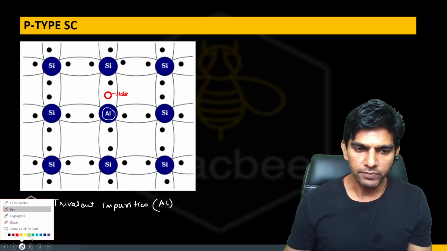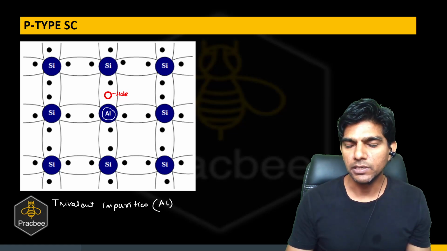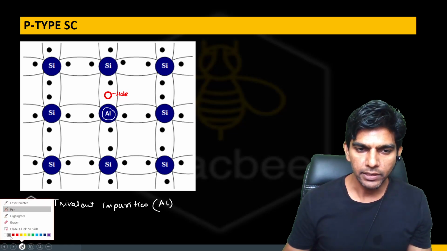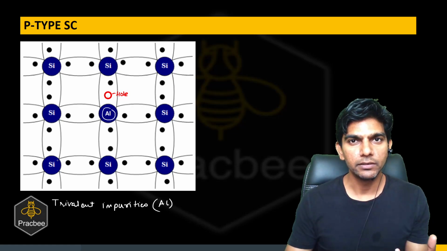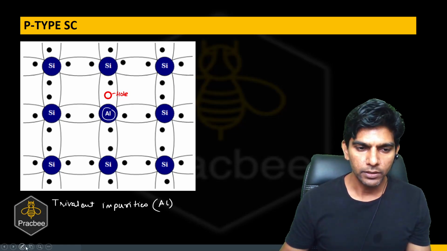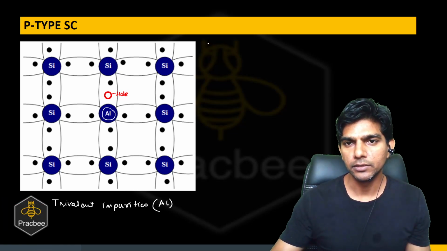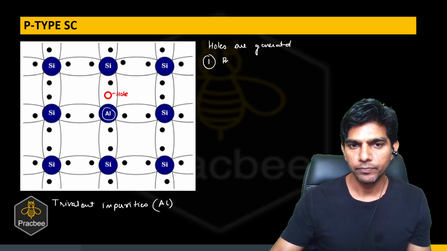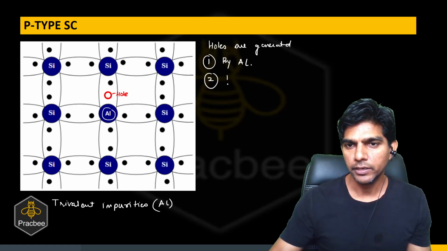Now can you see, if we have say 10 aluminium atoms, there will be 10 holes created by that. And there will be some holes which are being generated intrinsically. So in P-type semiconductor, holes are generated first by aluminium, second intrinsically.